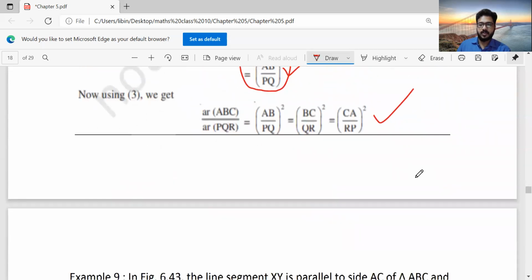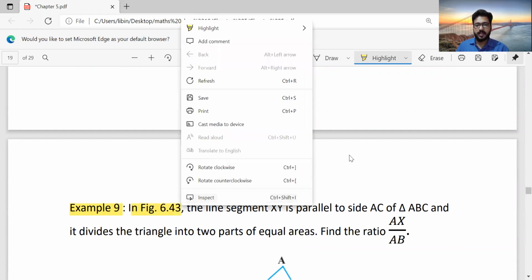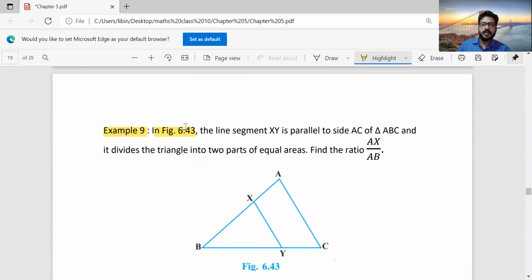Okay, so now let us do some examples. In example 9, in figure 6.43, see, the line segment XY is parallel to side AC of triangle ABC. You are given that XY is parallel to AC.